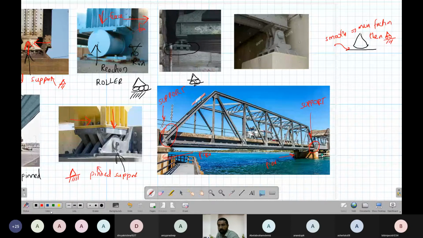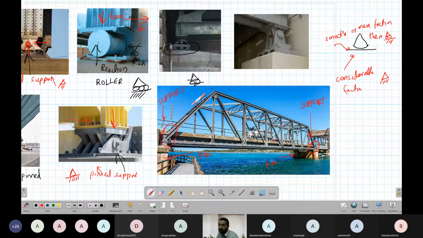Okay. If there is considerable friction and a force is applied, it will be stopped by friction. A smooth surface will just slide and roll around. Considerable friction we will assume to be a pin. So that depends upon how smooth the surface is.